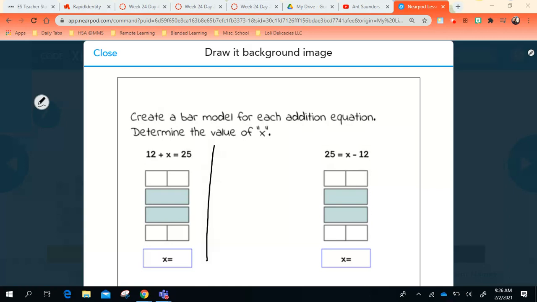Remember, you can use your calculator. What is the inverse of addition? What is the opposite of addition? Remember, when you put it in your box, you want to make sure it's in that same order. So if 12 is first and then it's x, you want to put 12 first and then x.